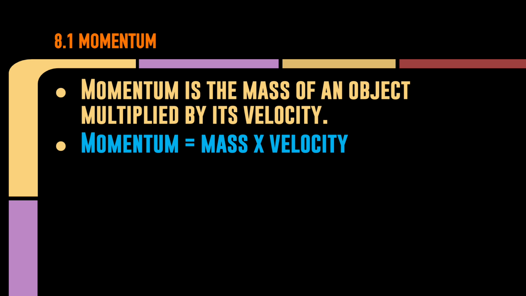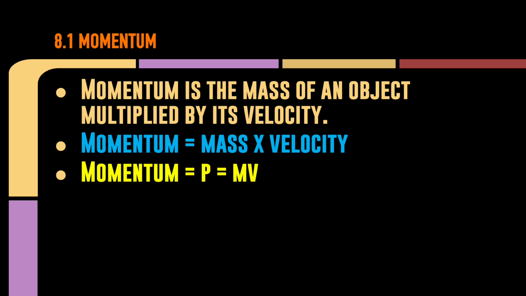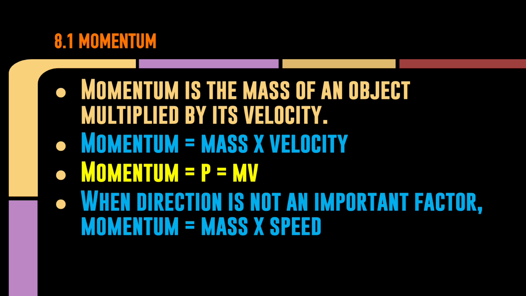So momentum is basically mass times velocity. The equation we use is P equals mv, mass times velocity. When direction is not a super important factor, we just use mass times speed, which gives us the same units of kilogram meter per second.